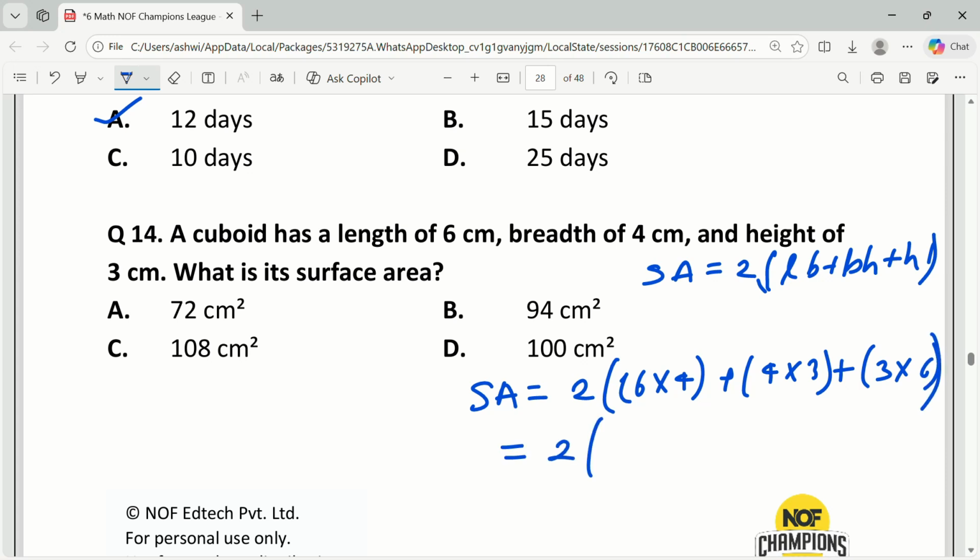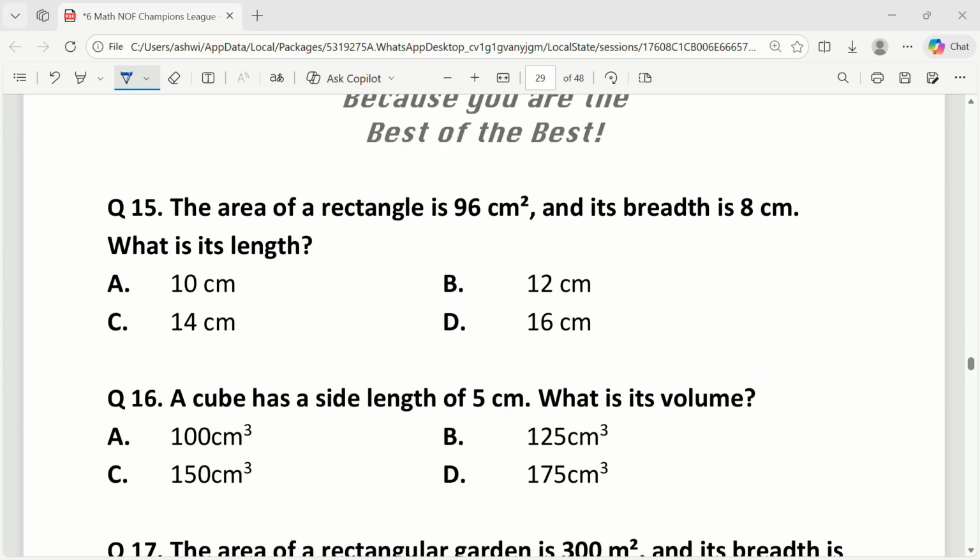That is 2 into 24 plus 12 plus 18, which is equal to 108 centimeter square. Comparing with the options, the answer is C.